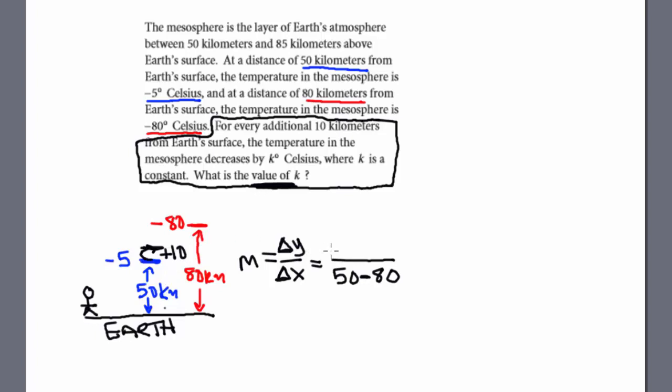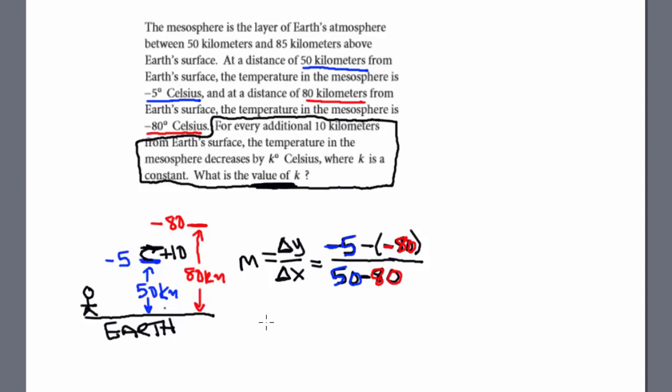At 50, it was -5, and at 80, it was -80. So again, we can do y2 minus y1 over x2 minus x1, making sure that this -5 and this 50 are one set, almost like a coordinate pair, and same thing with our -80 degrees Celsius for 80 kilometers above.